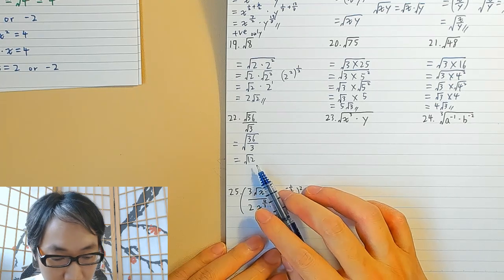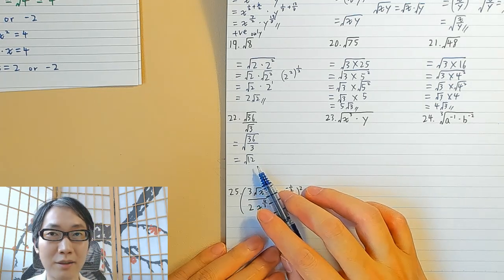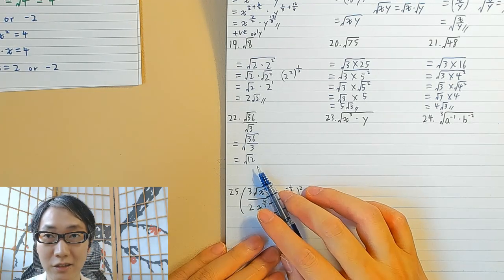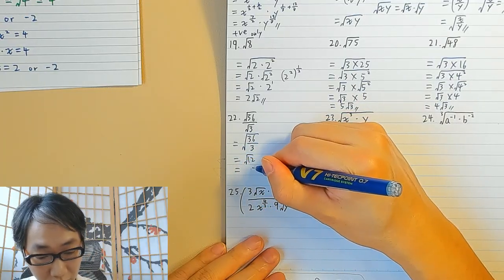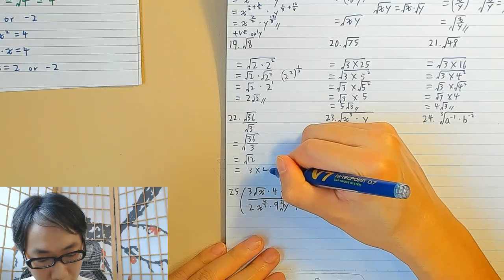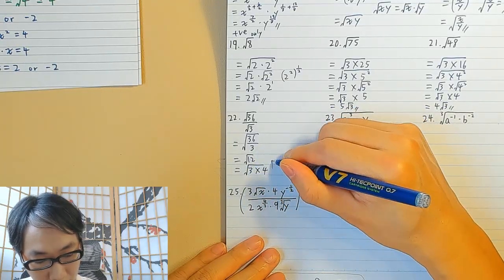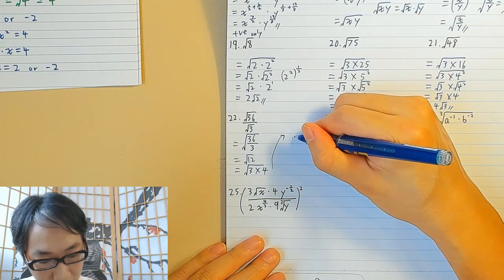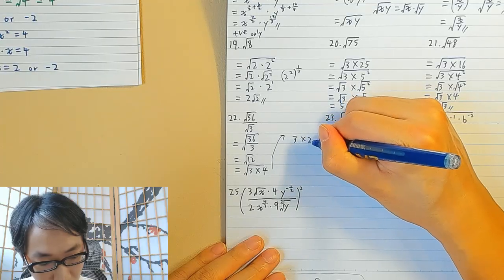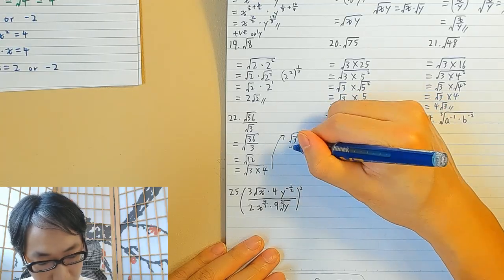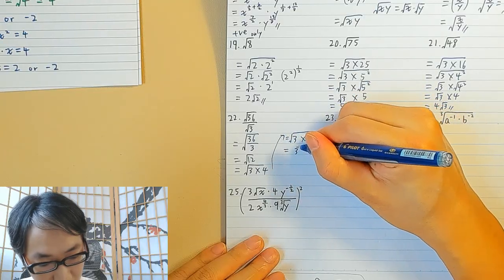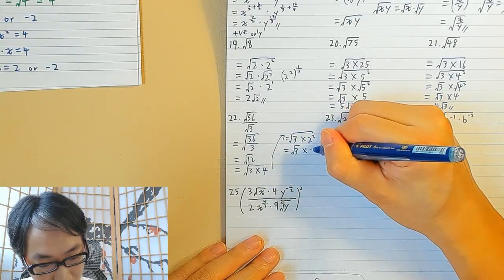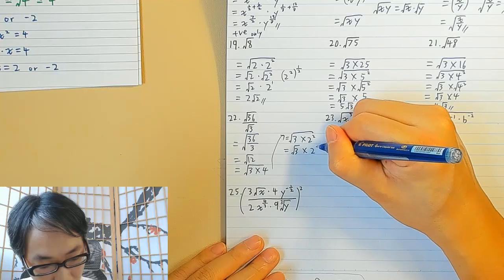Any square in the 12 as a factor? 4 is a square of 2 and it's a factor of 12. So we have 3 times 4. Then 3 times 2 squared. And we distribute the surd again. Times 2 squared.